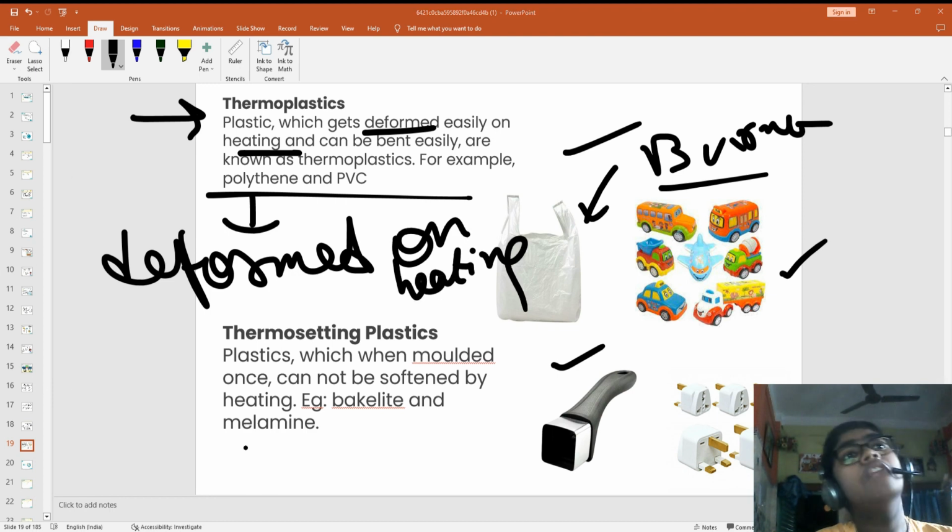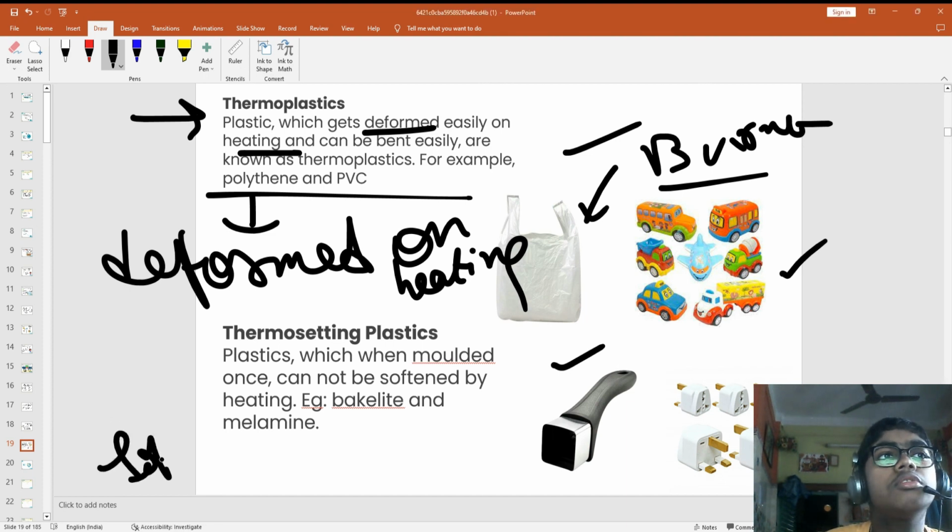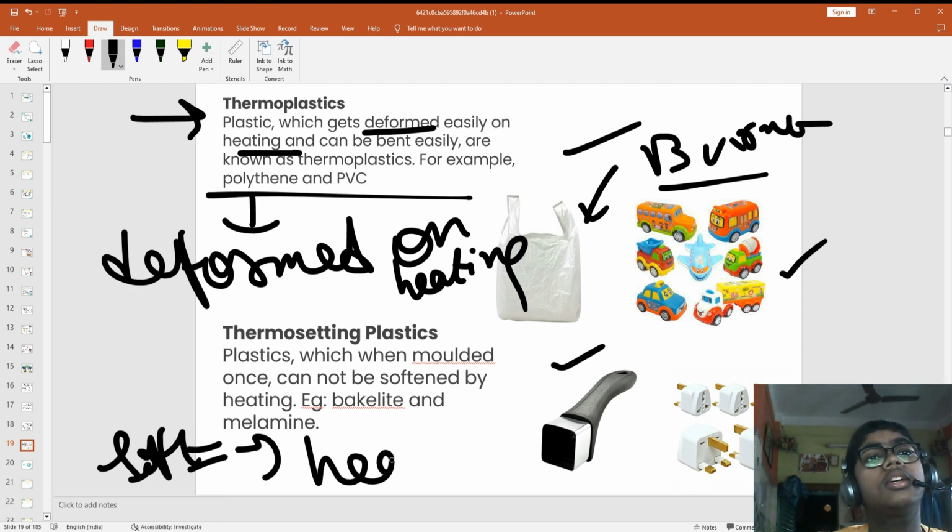And the plastic which, once molded, cannot be softened on heating.